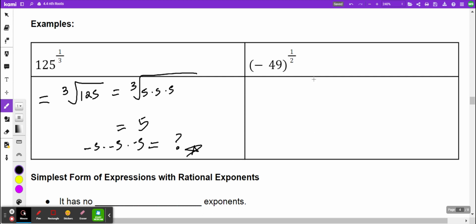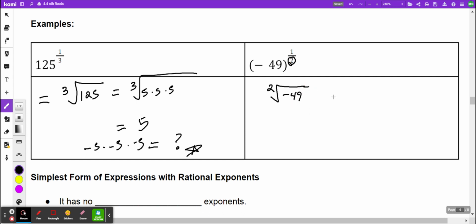So if I had negative 49 to the 1/2 power, I'm going to take this number right here and put it in as the index. So this is the square root of negative 49. Oh no, we just broke our rule.